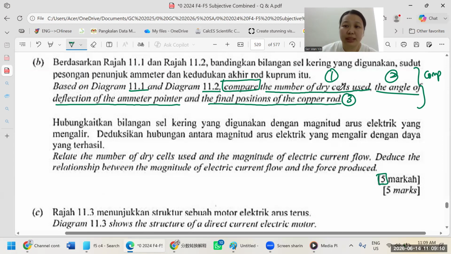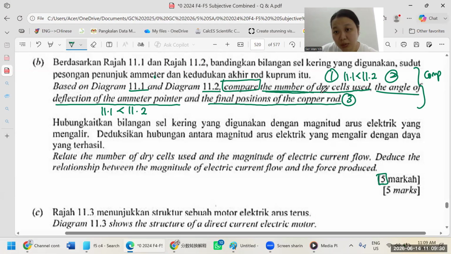So the number of dry cells used in 11.1 is less than 11.2. The angle of deflection of the pointer, 11.1 less than 11.2. By the way, in the exam, don't write only this.